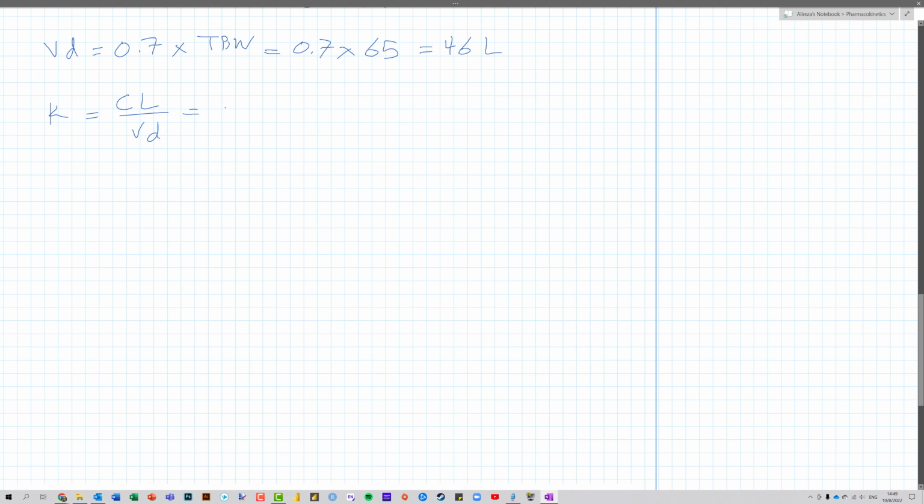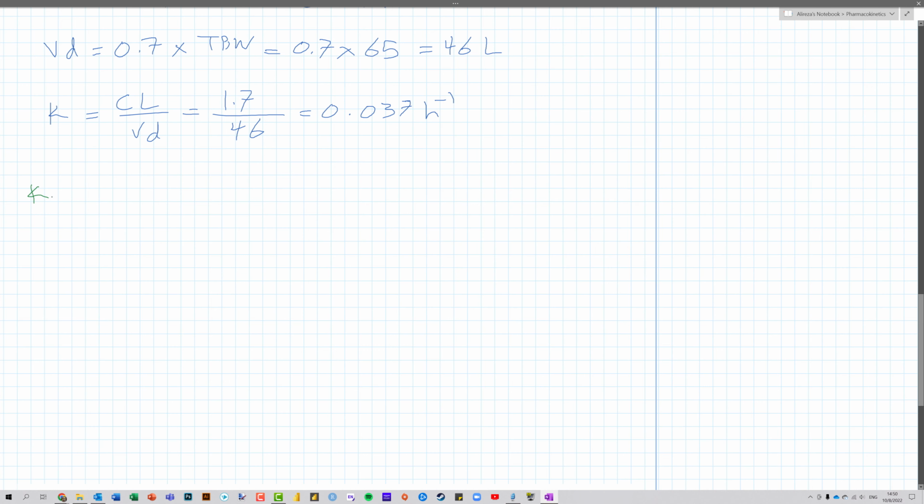We calculated clearance to be 1.7, divided by volume of distribution, which was 46, and this would give you 0.037 inverse hours. Okay, so that's one way to do it.